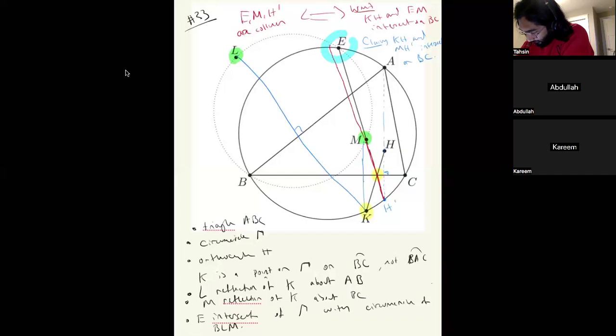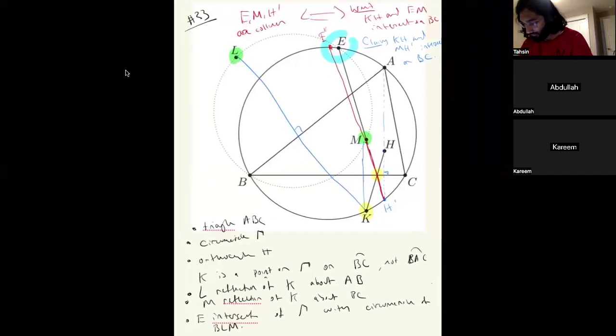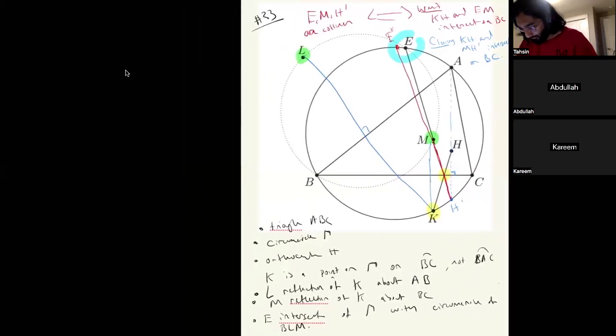Let's say this intersects the circumcircle gamma at E double prime. And then we show that B, L, M, and E double prime are concyclic. So let me write that.